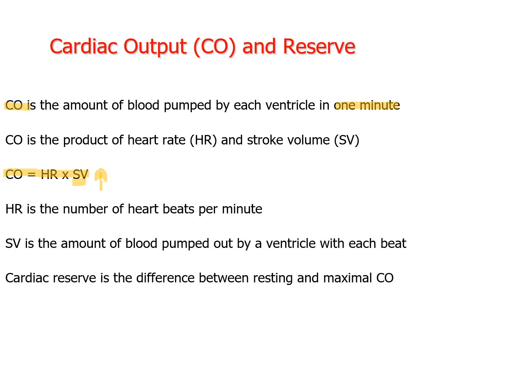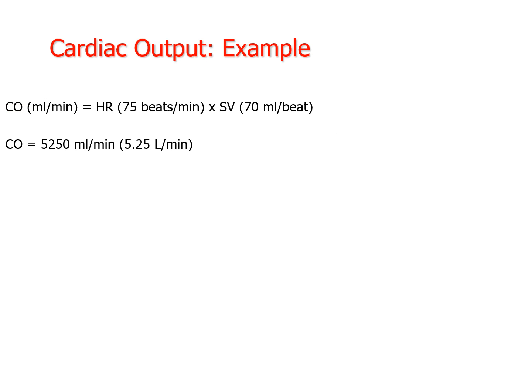So the contractions actually can be harder. So heart rate times stroke volume is equal to cardiac output, the amount of blood put out in a minute. It can go up tremendously. It can go down too if your heart slows down. And that does happen with sleep, rest, following a meal sometimes. On average, at rest, you have roughly 5 liters cardiac output per minute.